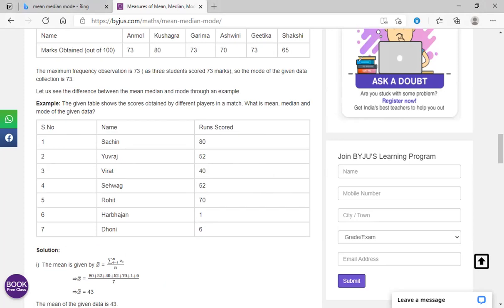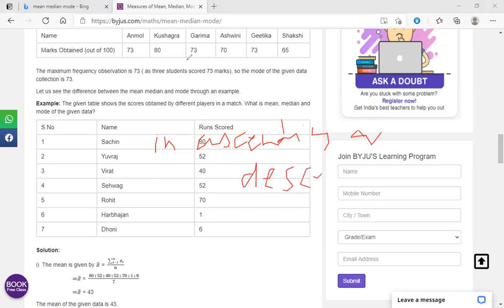For finding the median, first we arrange the data in ascending or descending order, least to greatest. And then we try to find the middle value of the data. So how to find the middle value?